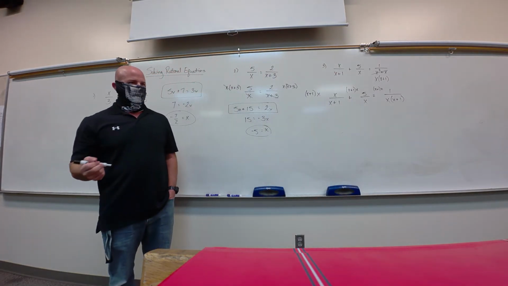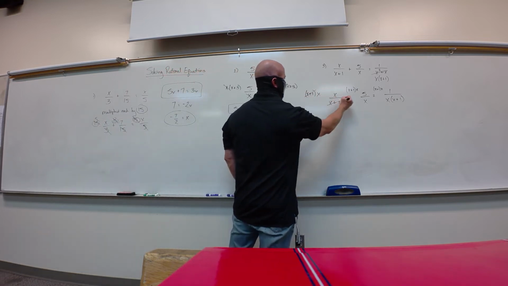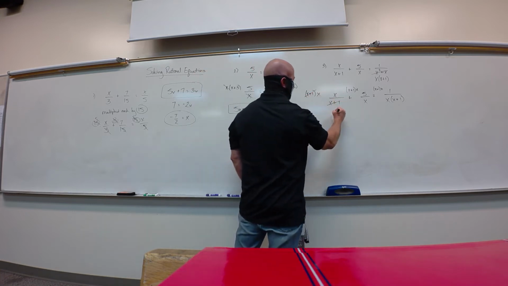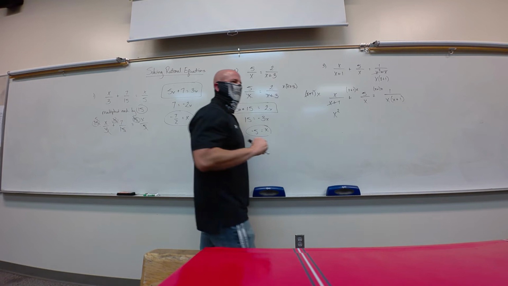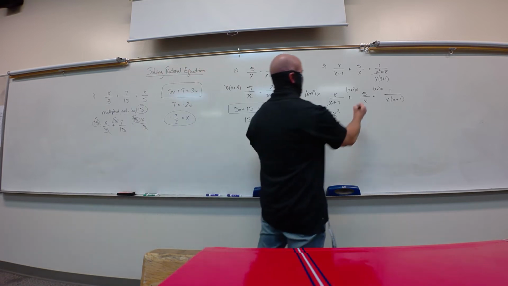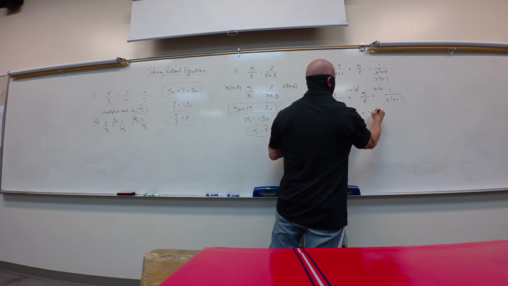Then I cancel. Over here, just the x plus 1 goes. x times x, x squared. In the middle, the x's cancel, so it'd be plus 5x plus 5.